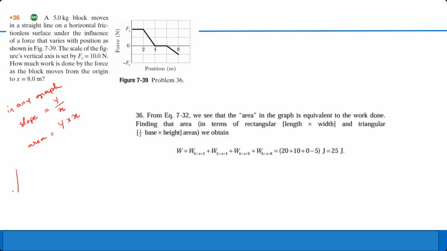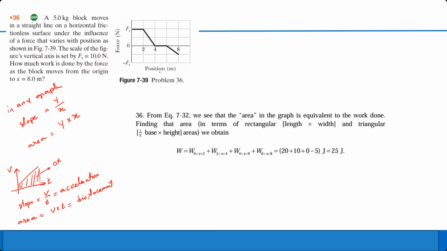So if I had, for example, from chapter 4, a velocity versus time graph, the slope would be v over t, which is none other but the acceleration. So I was able to find the acceleration from the slope of a velocity versus time graph. Whereas the area, this is v times t, which is going to be the displacement or the distance covered. So we could find the displacement by finding this area. This is delta x.